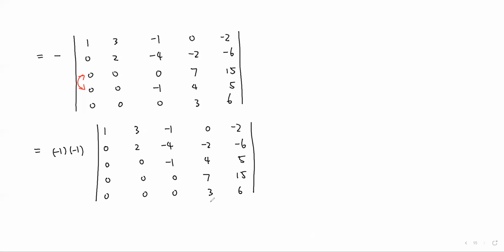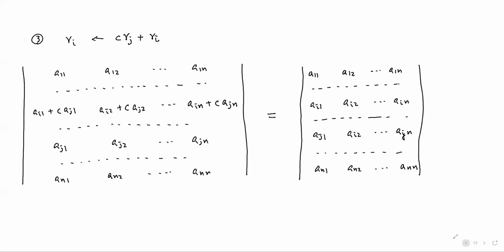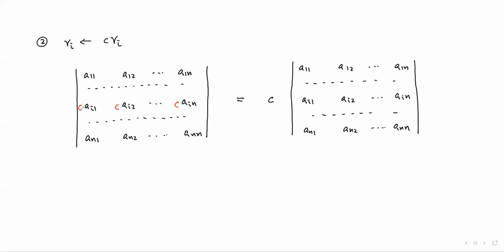Now I can see that in row 5, the number 3 is a common factor. Number 3 is common, right? So let me move the number 3 outside the determinant. You see, for a common factor, I can move the common factor out.